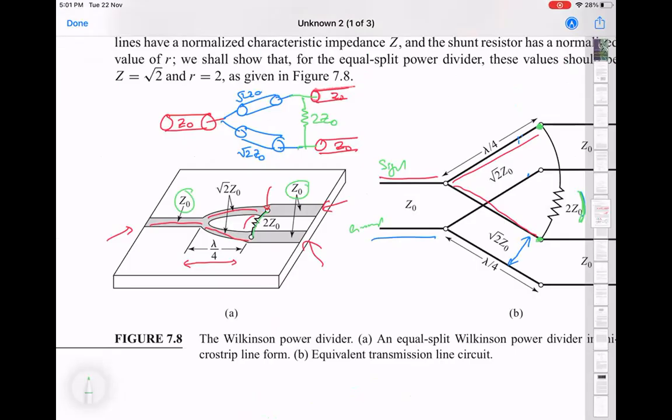Because when we analyze this system, we always put some matched resistors anyway, and that's equivalent to, you can put the match resistor here, or you can put it right at this point, and it's the same. So remember, 50 ohm resistor with a 50 ohm transmission line is basically a 50 ohm resistor at that point as well. So that's what I mean by the relevant part.